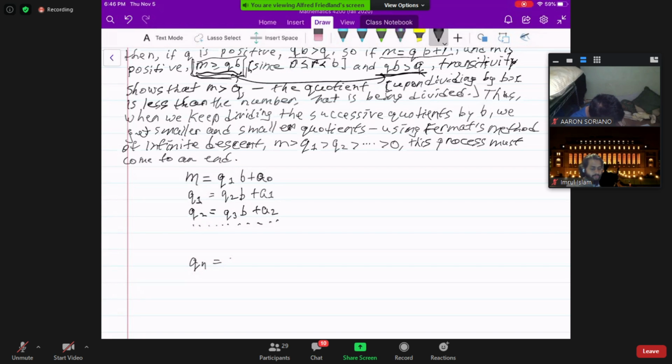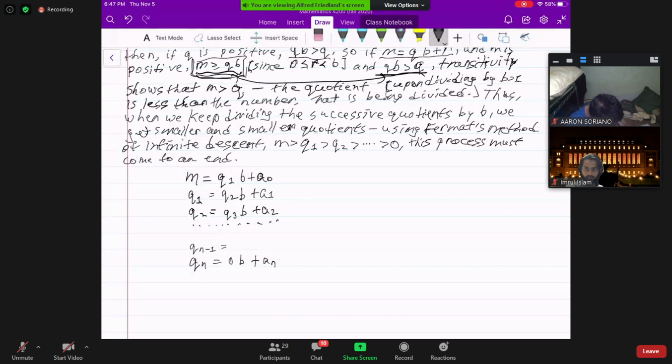So it's like 0 b plus some a sub n. So the one above that, that's where I left some room. The subscripts on q, as you read down, are going up. So the one above it would be going down. So this would be q sub n minus 1 equals q sub.